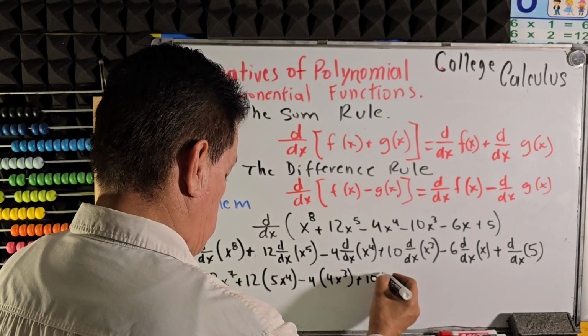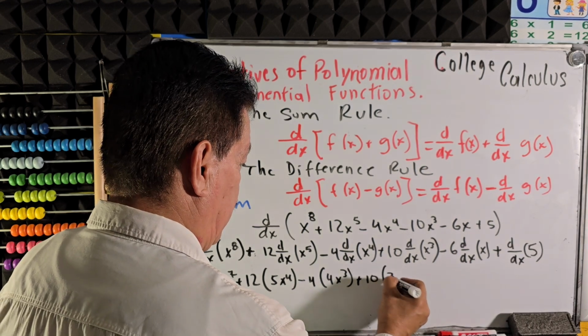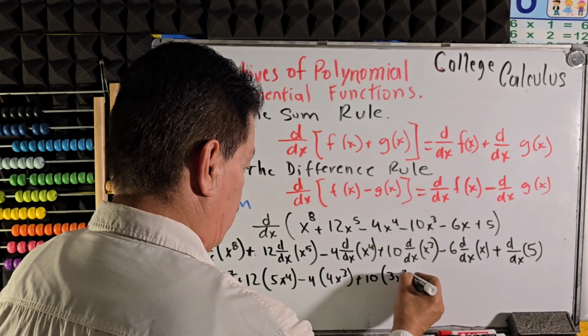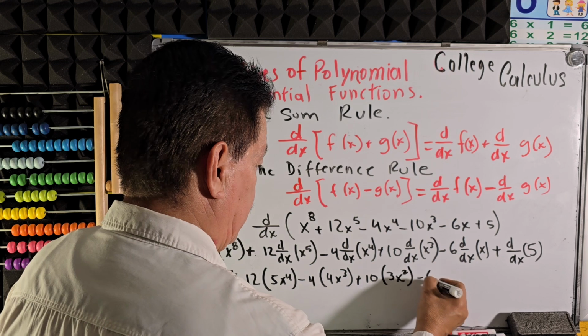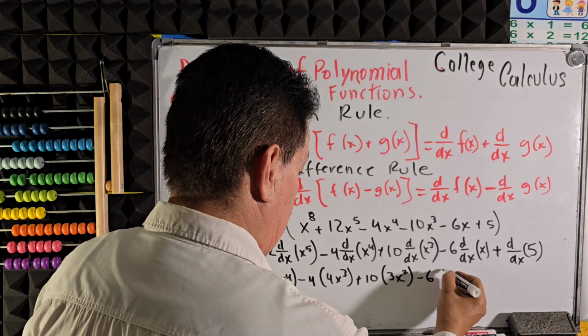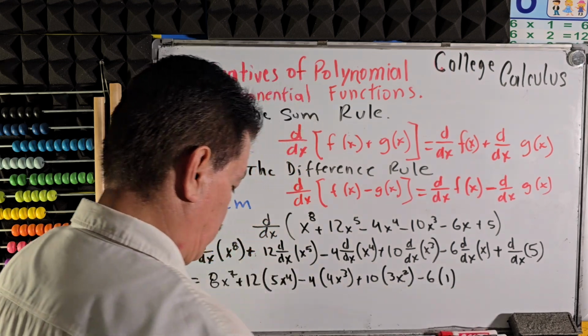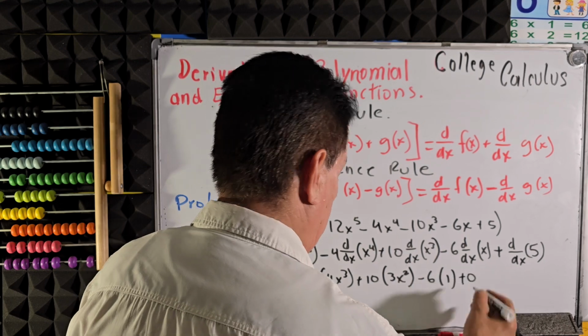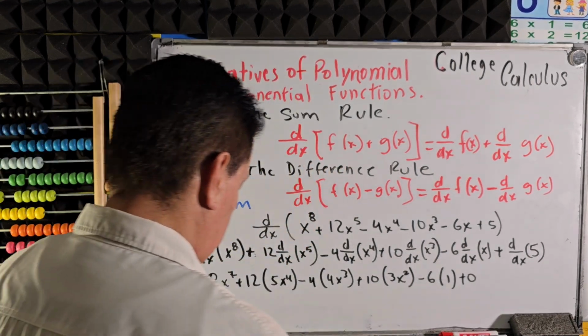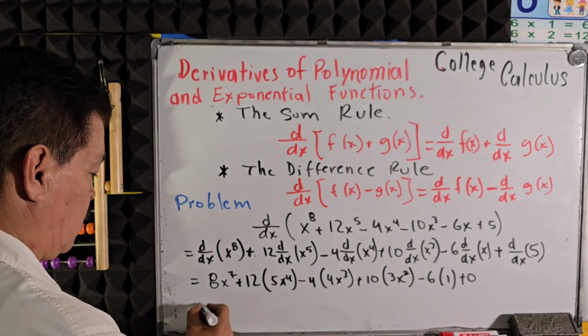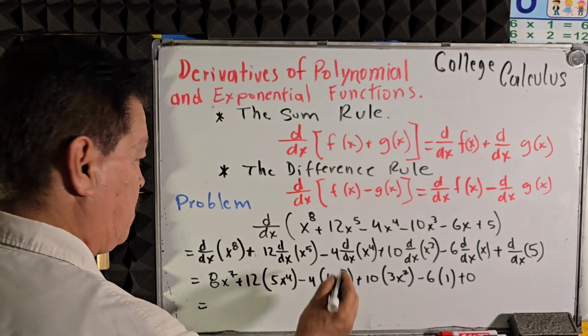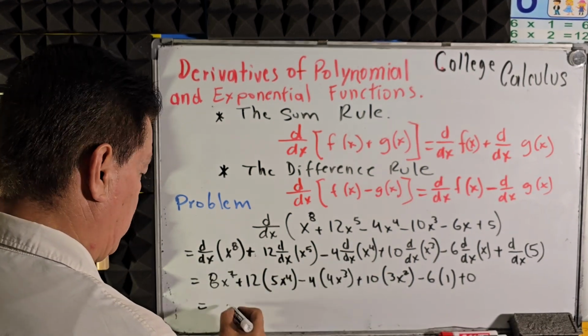Plus 10 times 3x to the 2nd power. Minus 6 times 1, plus 0. Okay, that's it. So the last step, continue simplifying, smaller and more.